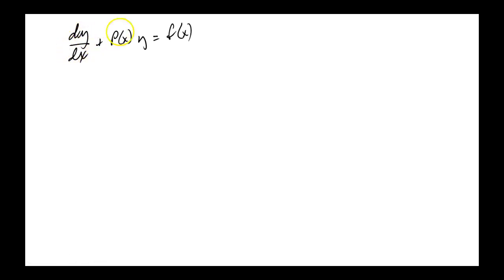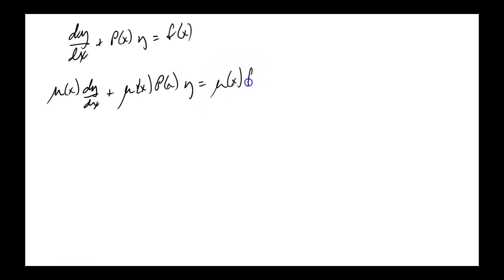So we're going to multiply both sides by mu of x, which will make the left-hand side a perfect, exact derivative. So let's start that. We get mu of x dy/dx plus mu of x p of x y is equal to mu of x f of x.